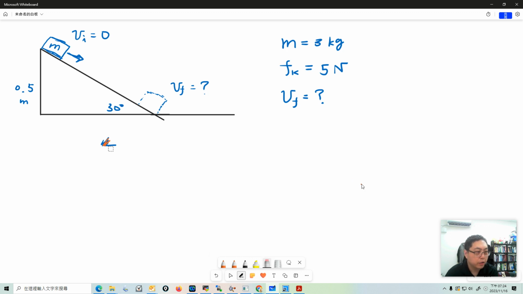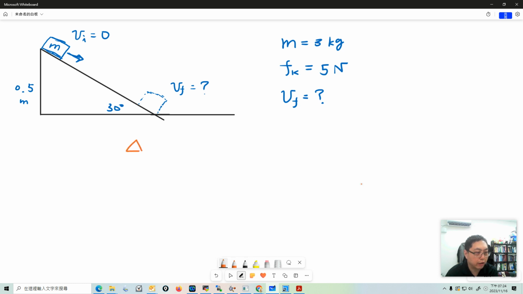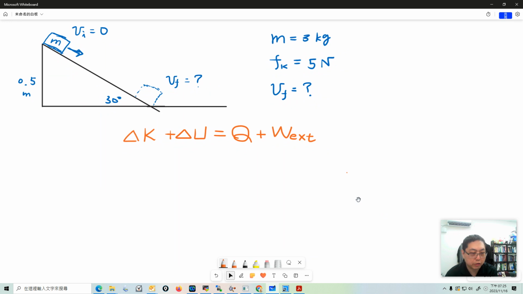The equation for energy conservation is delta K plus delta U equals heat plus work done by the external force. In an energy conservation problem, I always say to analyze your initial state and final state first.